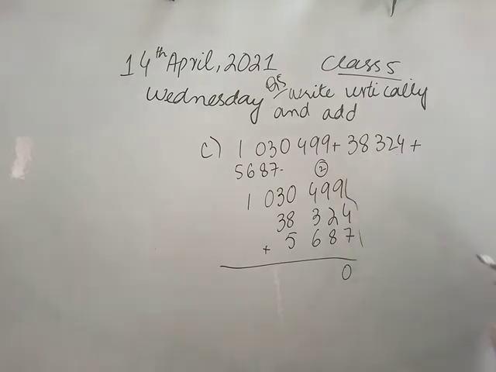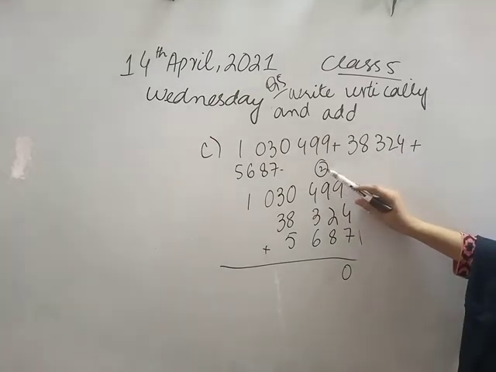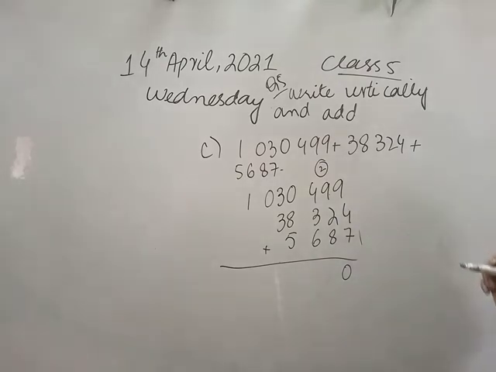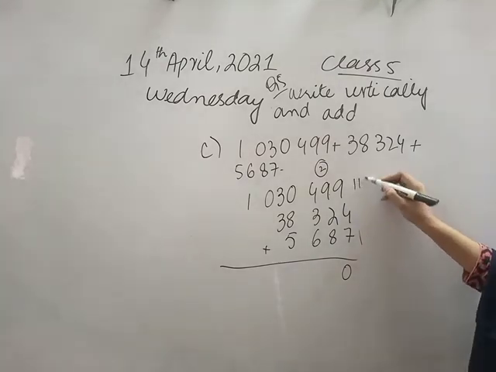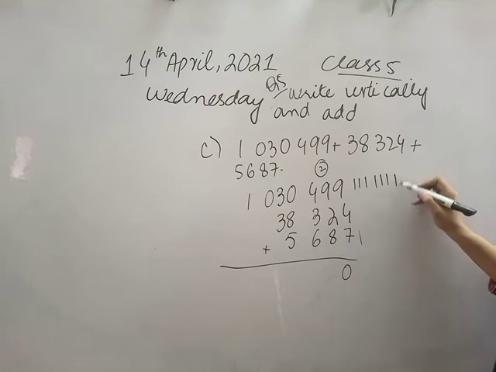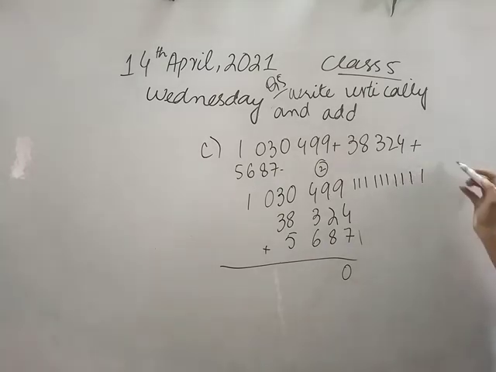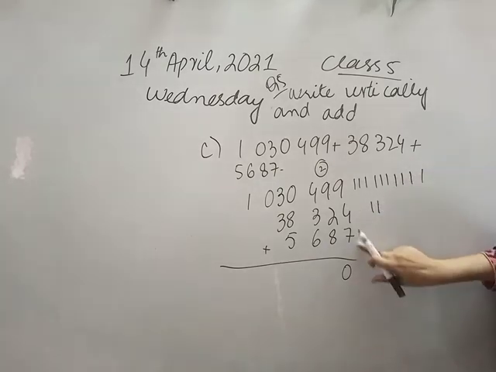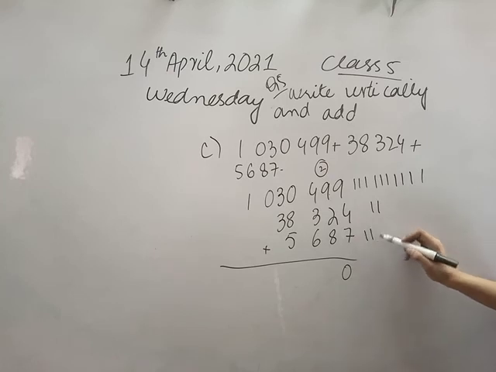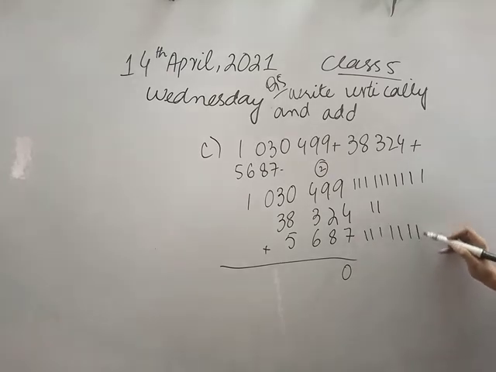Now the next number, which is 9 plus 2 in upper. 10 in total. 1, 2, 3, 4, 5, 6, 7, 8, 9, 10. And 2 in middle, and 8 in lower. 1, 2, 3, 4, 5, 6, 7, 8.